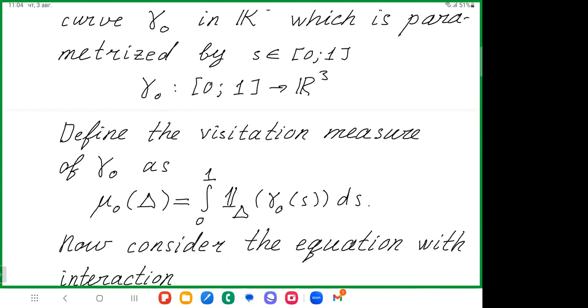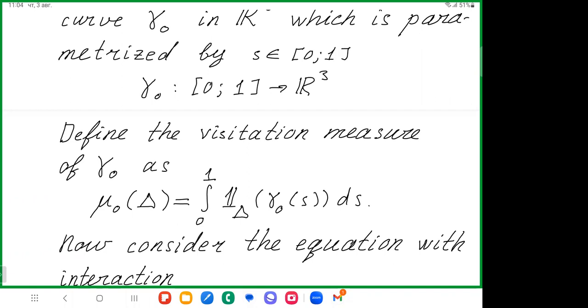How to use the equation with interaction to describe the motion? It is pretty simple. Let us define the visitation measure of gamma 0 as follows. For any set delta from R3, define mu 0 of delta as the integral of the indicator of delta from gamma 0 as ds.